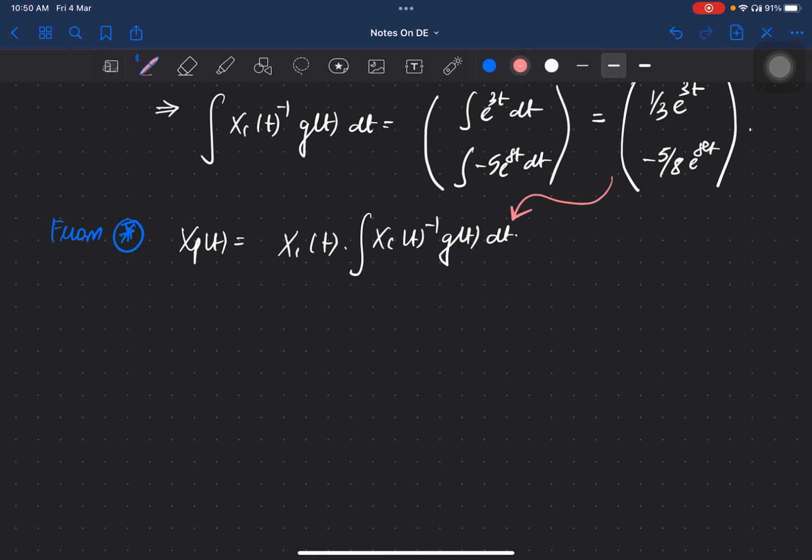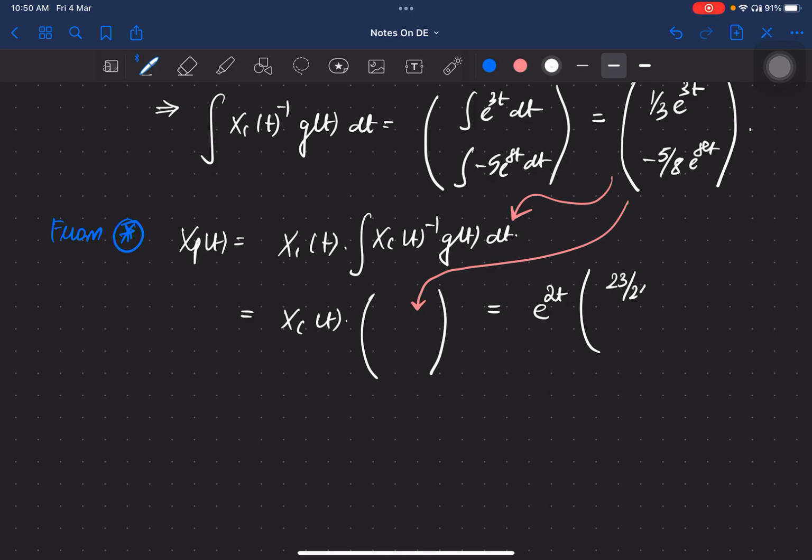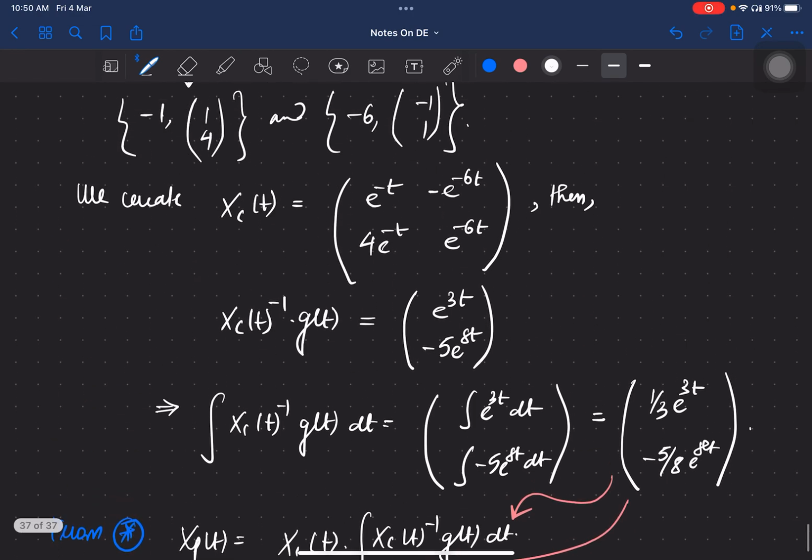So X_c(t) into this. I'll directly write what the multiplication comes out to. It will come out as e^{2t} times (23/24, 17/24). This will come out. Okay, so this was expected, right?